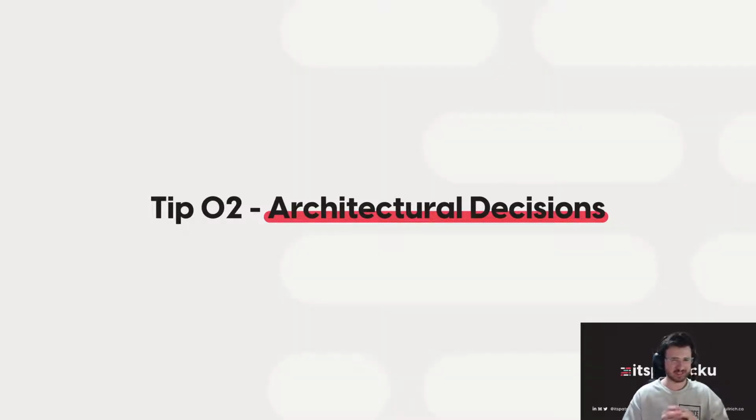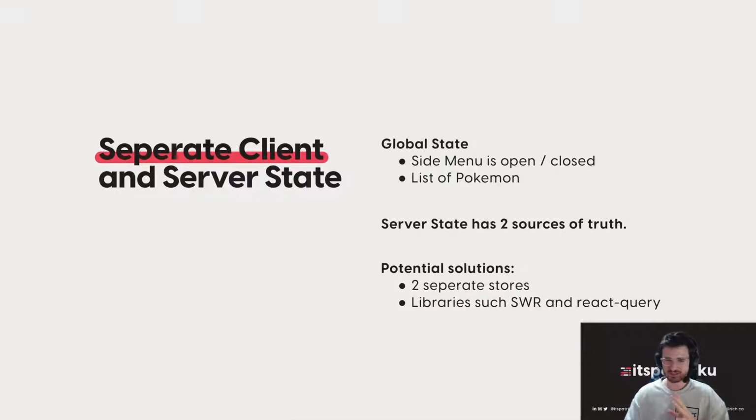Second tip, architectural decisions. And this one might be a little bit far-fetched, but hear me out. If you are into Redux, if you used React Query or SWR, you may have heard of this, but I came to the same road, if you will.